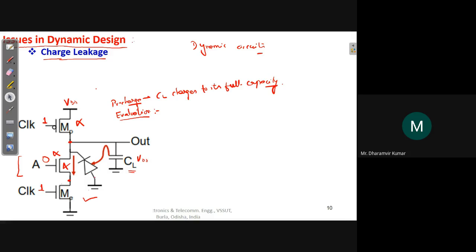We know that there are leakage currents that flow through the transistor. Also, there are reverse biased diodes present within the device, within the MOS. This external diode represents that these reverse biased diodes are present inside this device.